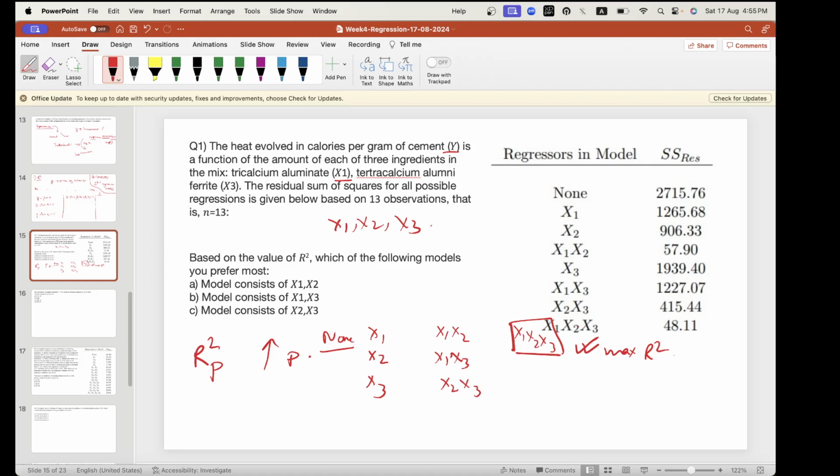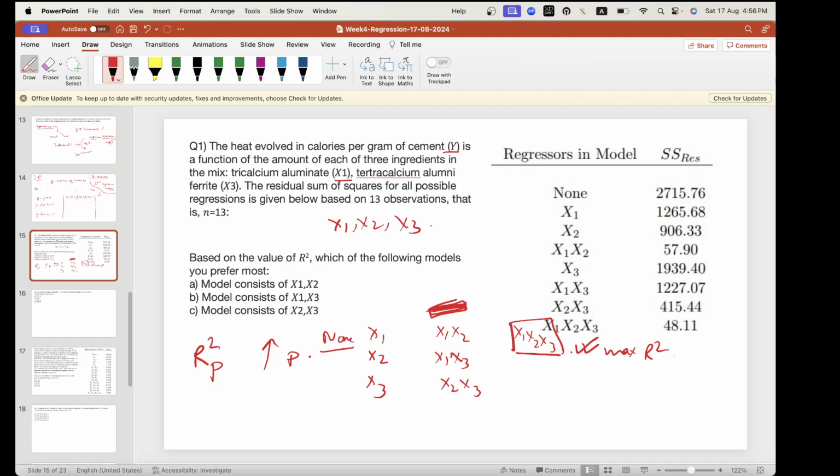But again, we want to keep it as simple as possible. So the next best option is this thing, r equal to 2. Now we have to find out which among these 3 would give us the maximum r square.